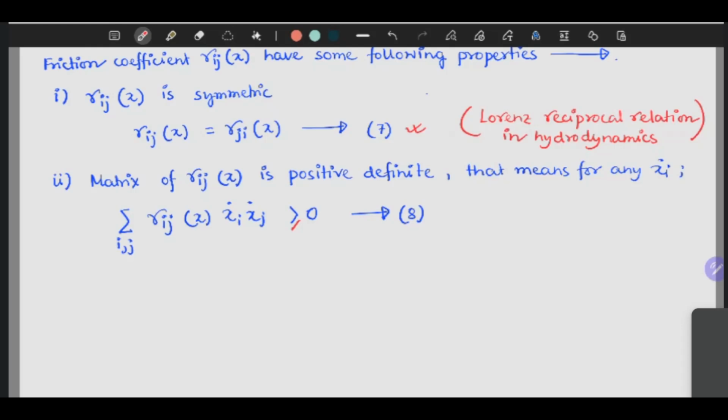Let's take an example of a helical shaped particle. For such a particle, the translational velocity v, as that helical shaped particle is moving, will create a frictional torque.